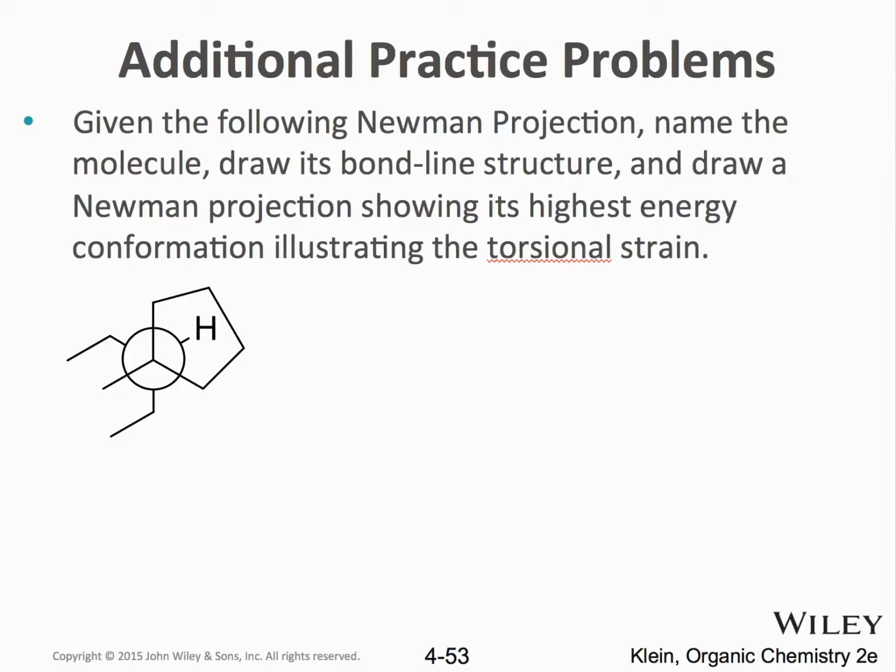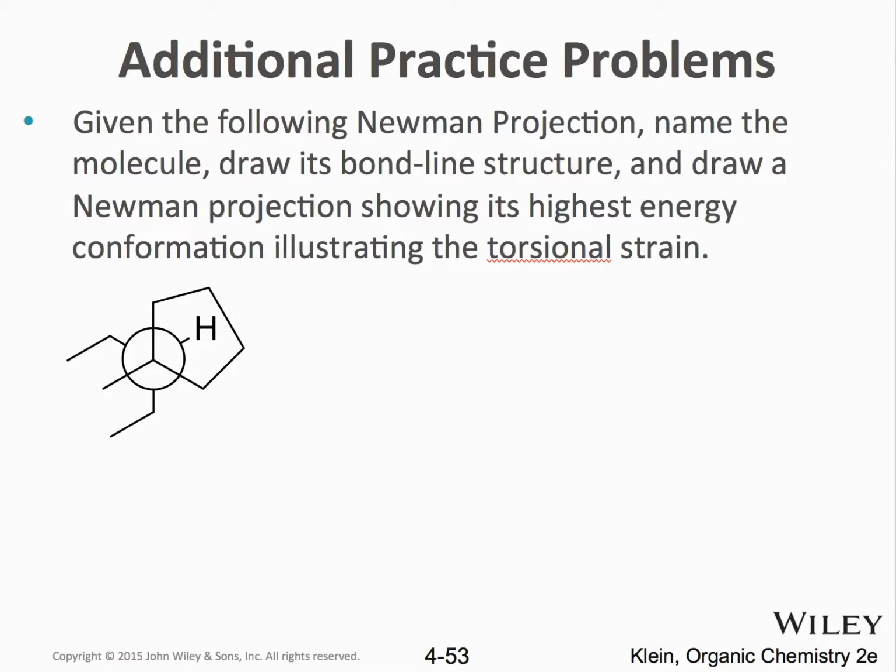So if you look at slide 53 with me, we have a fairly intimidating problem, and we want to be able to name the molecule, to draw the bond line structure, and then draw the Newman projection that shows the highest energy conformation. Let's tackle these one at a time.